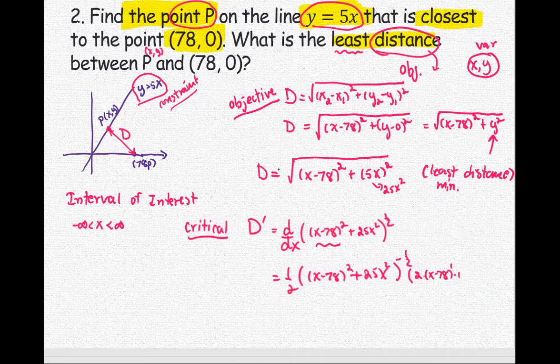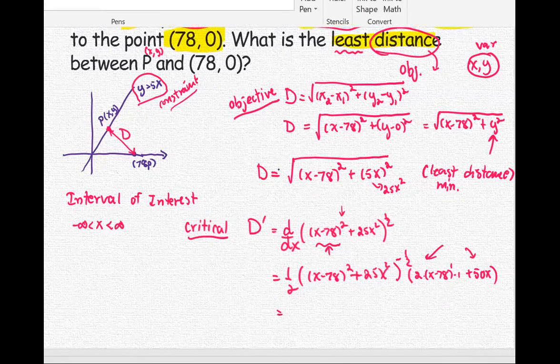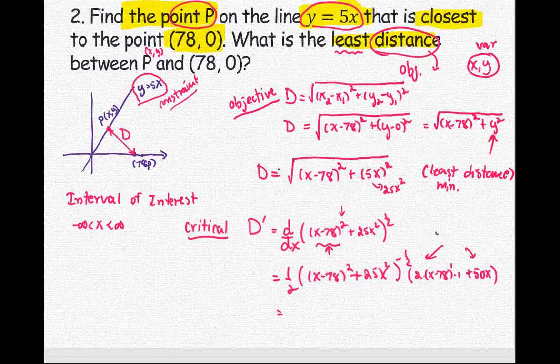As chain rule, the outer is power 2, the inner is x minus 78, and then plus 50 times x. And then I can see the last factor here has the common factor 2. So I'm going to need 2 multiplied by x minus 78, and the leftover from the 50 that we take the 2 out is going to be 25x.